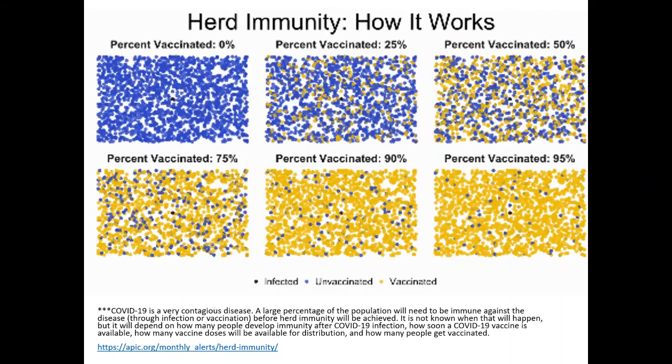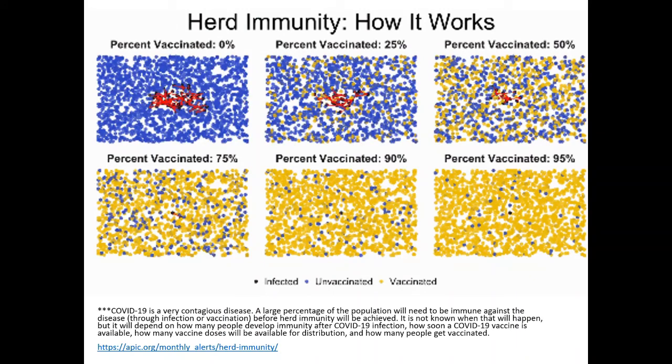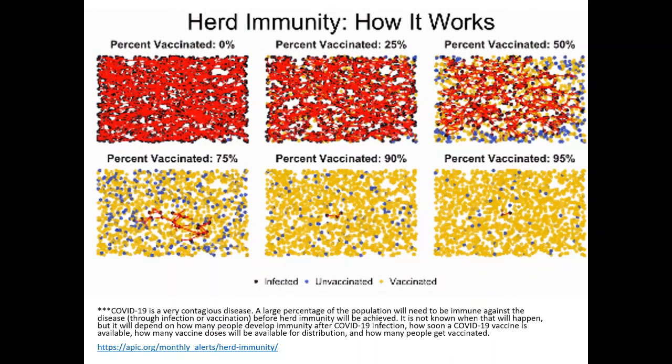And so the transmission to other people is going to be very slow because most of those people already have antibodies built up against this particular disease. But the more unvaccinated individuals that you have that are near each other, of course, the higher the likelihood is that the disease will be transmitted to them.